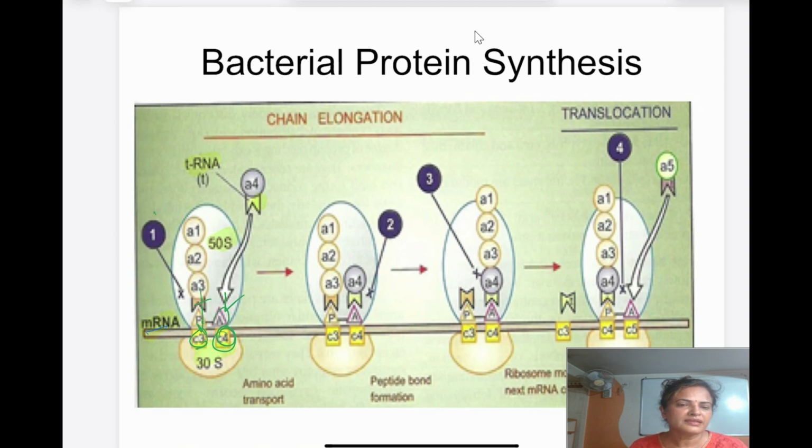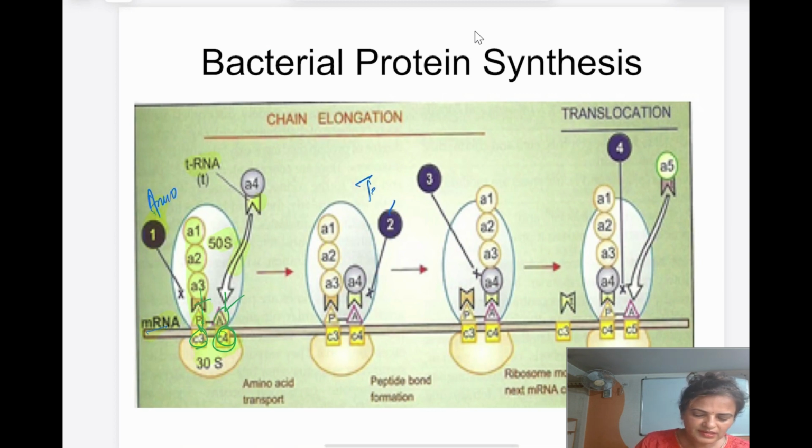All are together, and the same way there are two sites, the A site and the P site. Here is the P site with the previously attached amino acid, and the acceptor site will accept the newly attached amino acid. So the first drug here is aminoglycoside A.